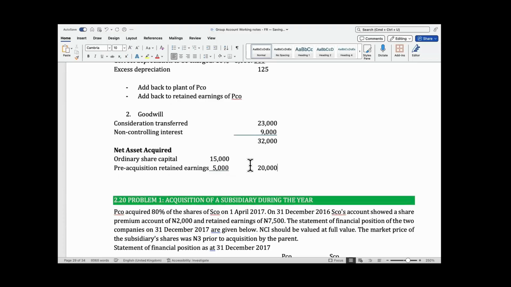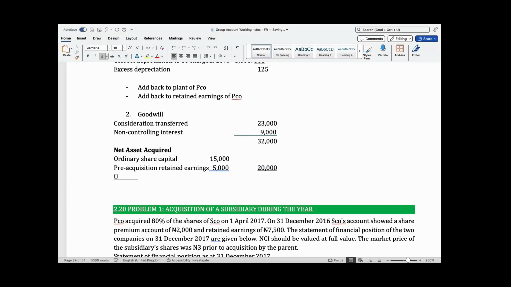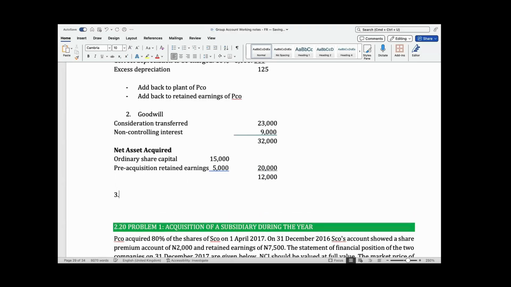Add the two together. That's 20,000. We have a goodwill of how much? 12.